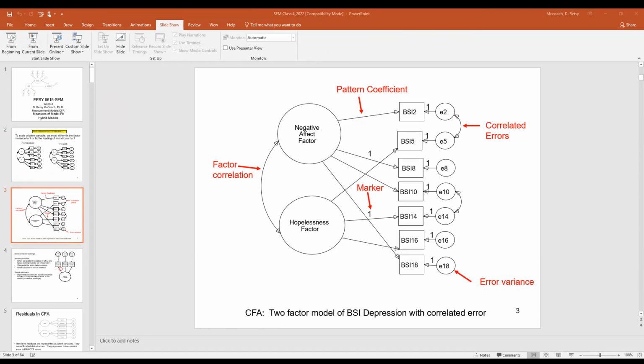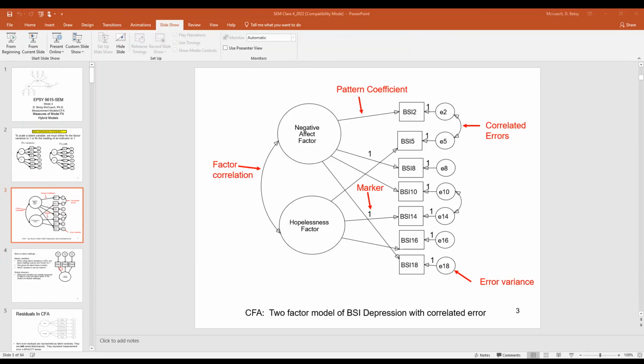And when you run an EFA, you make the assumption that none of those errors are correlated with each other. So in standard EFA, you don't have the ability to correlate errors for different items. The assumption is that the factors explain the dimensionality in the set of indicators.